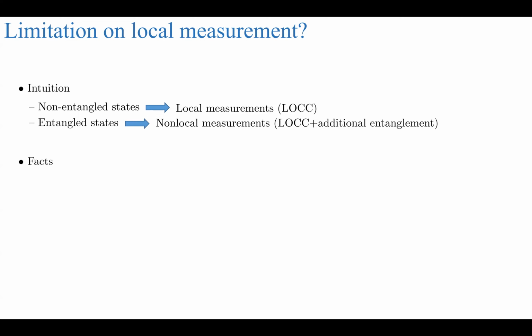But the fact is that this is not the case. First, a counterintuitive example is a set of product states which cannot be perfectly discriminated by using only LOCC, called nonlocality without entanglement.